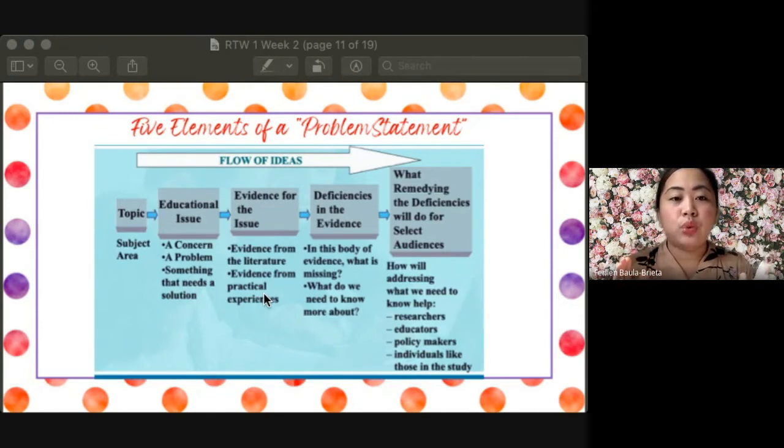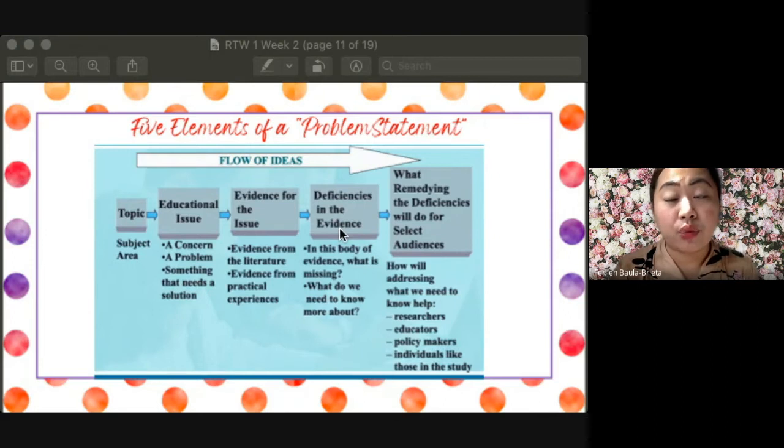You have to do side-by-side research, different previous researches related to the general topic, of course. So you have to review evidences from literatures, and you have to recall and collect evidences from practical experiences. And then you need to identify deficiencies in these evidences.